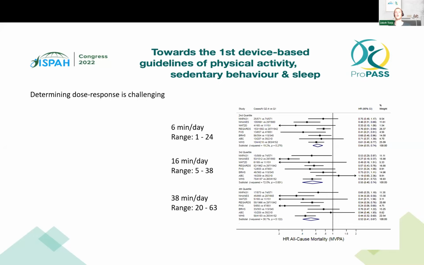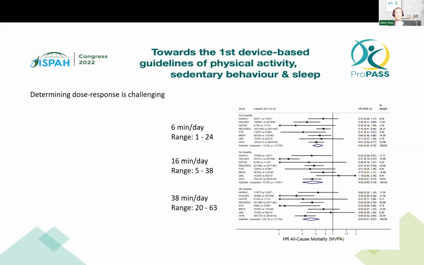So, for example, the median physical activity level in the second quartile was 6 minutes per day, but the range across cohorts was 1 to 24 minutes. And in the most active quartile, the median moderate to vigorous physical activity level was 38 minutes per day, but again with a substantial range from 20 to 63 minutes across cohorts.